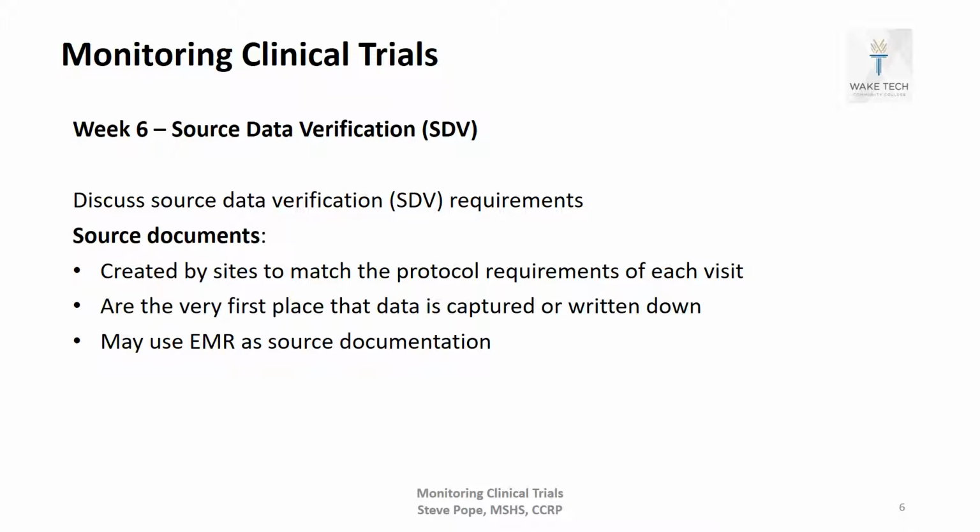So you may have some demographic data that they're going to collect, maybe at the screening visit, and then at the randomization visit, there'll be a source page that they'll use to collect the data that's going to be collected during that randomization visit. The important thing to understand is that these source documents are the very first place that data is captured or written down.